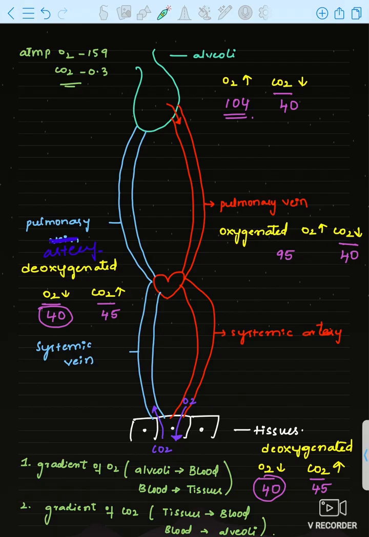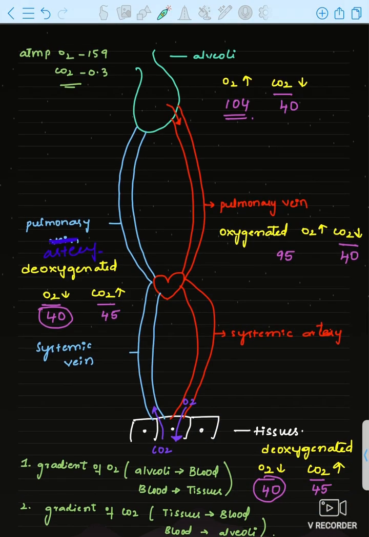Now here what happens, in tissues CO2 will be more. All the O2 supplied before will be utilized with glucose to make ATP, and CO2 will be produced. So CO2 will be more here and O2 will be less. Okay, this is the simple process.